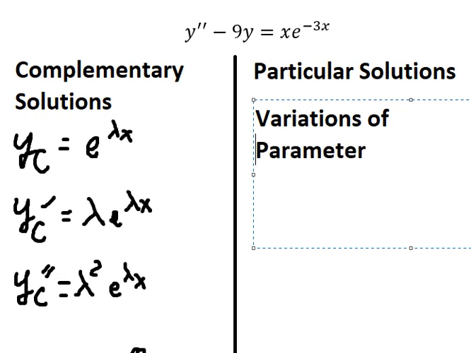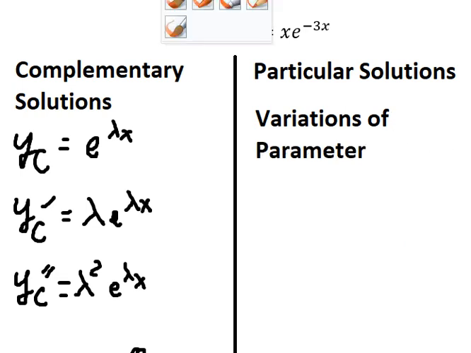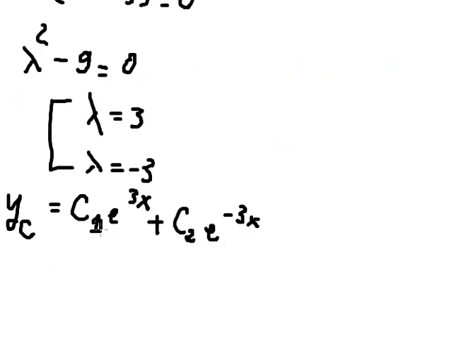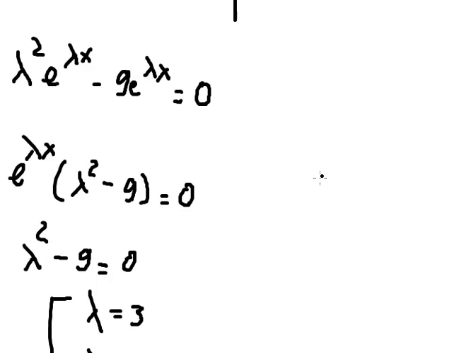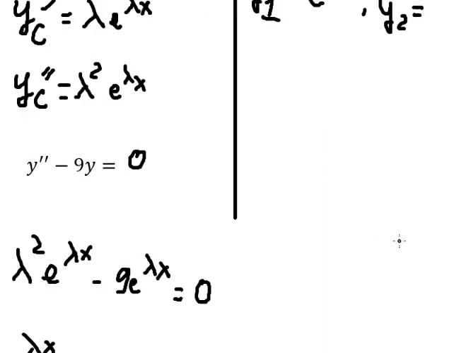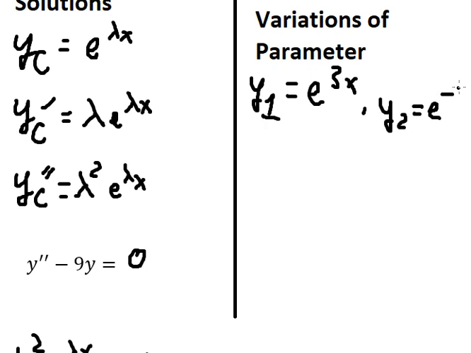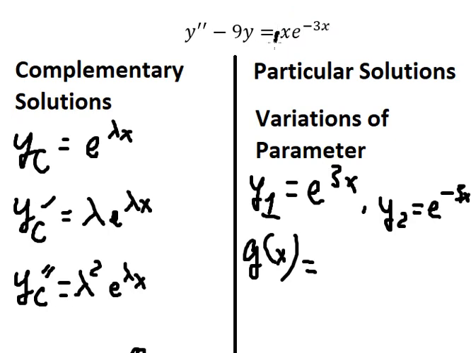So I will put y number 1, that is this one, and y number 2, that is this one. And 3s, that is this one.